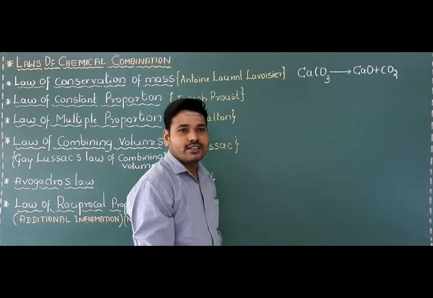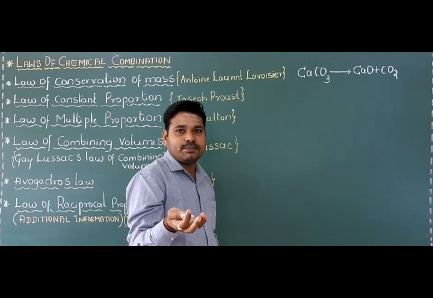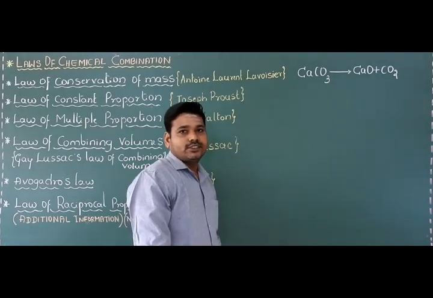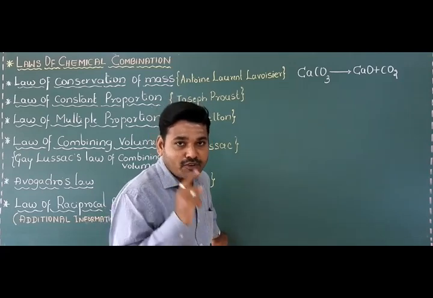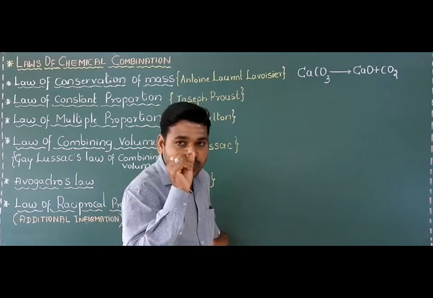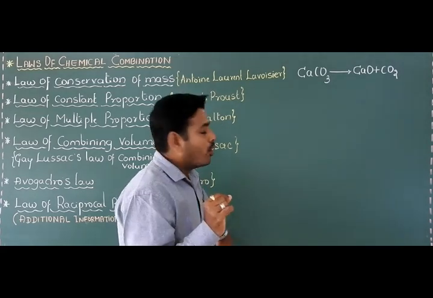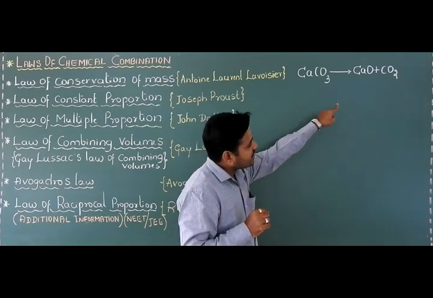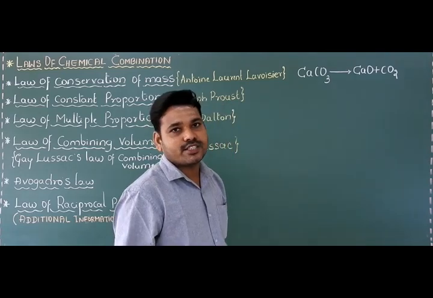Now please recall the atomic mass and molecular mass concepts from the bridge course. By using these two concepts, let us calculate the molecular mass of calcium carbonate, calcium oxide and carbon dioxide, students.